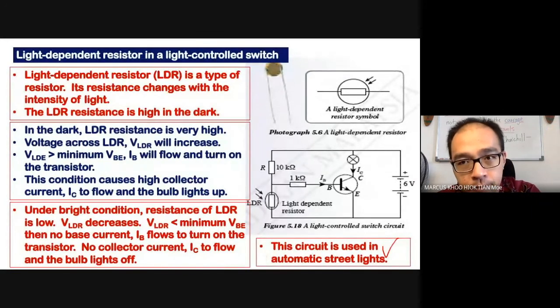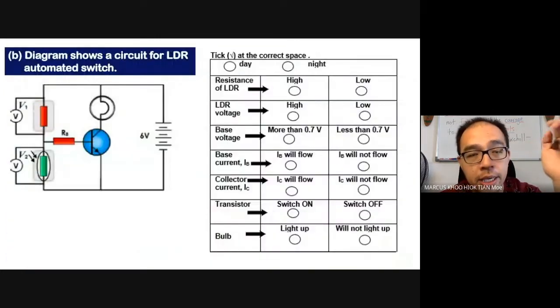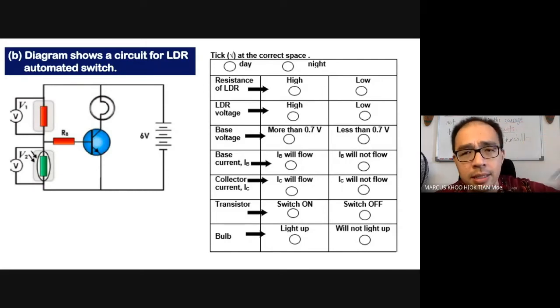All right. Now this next part is a diagram just to show you, if you can understand this, it is just a summary of how this happens lah. Okay, let's talk about during the daytime. Now look, the LDR is down here.